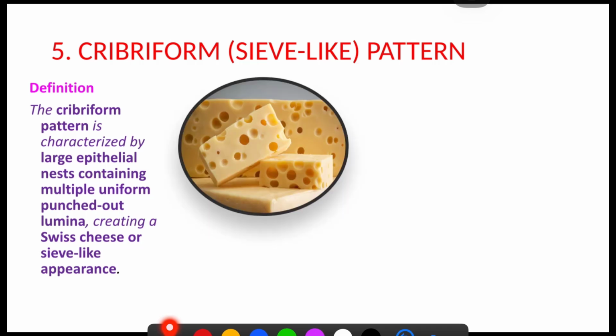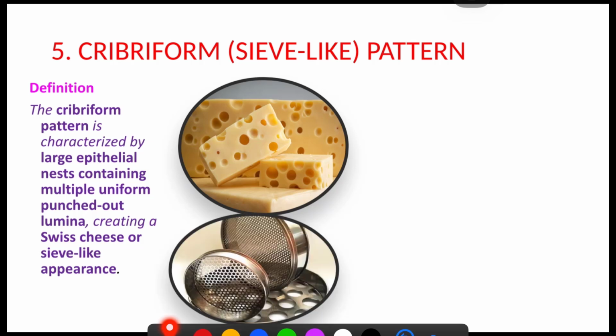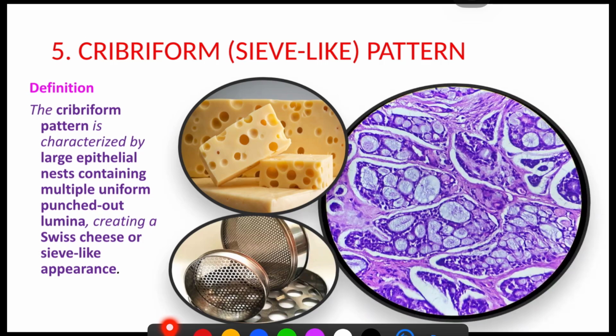Like Swiss cheese, here you can see these punched out lumina, and it resembles a sieve, where you can find this type of punched out opening. So this is a classic example of this cribriform pattern.